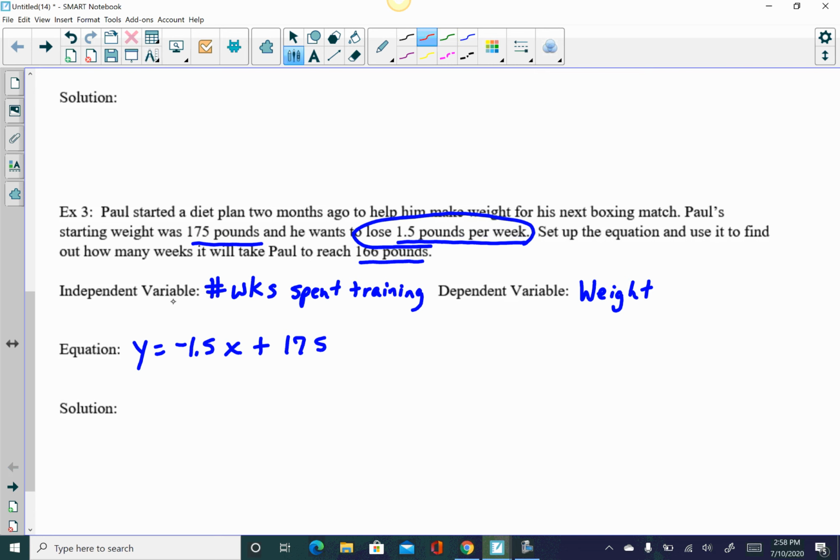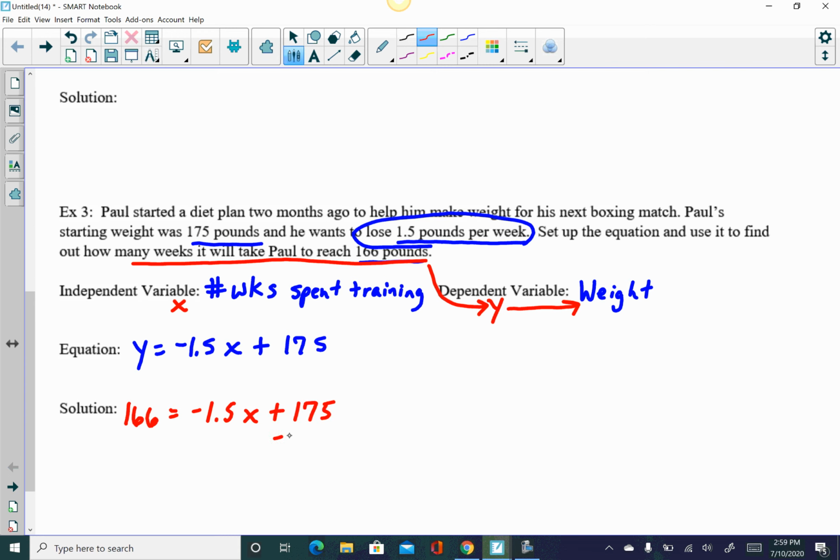Remember that independent is your x, dependent is your y. They want to know how many weeks it's going to take Paul to reach 166 pounds. That 166 pounds is a weight, and weight goes in for your y value, because we've identified our y value here as weight. So 166 equals negative 1.5x plus 175, and we'll solve for x.